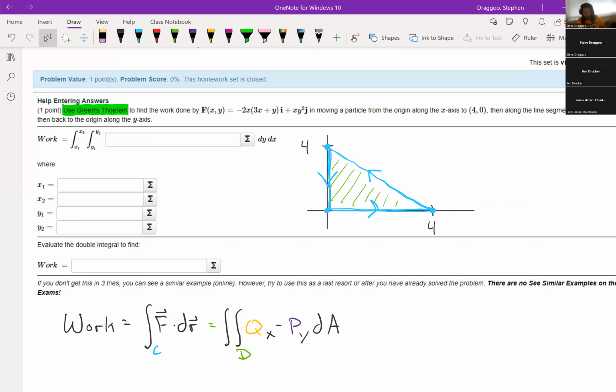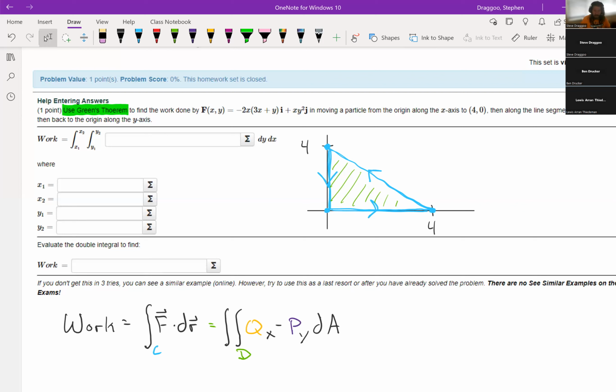So that's the straightforward way. The Green's theorem way is saying, okay, I don't want to parameterize three separate boundary lines. I'd rather just do a double integral over this nicely defined region that I've got in front of me, because that region's just a triangle. I know I could do an integral over that relatively painlessly. So that's what I'm going to do.